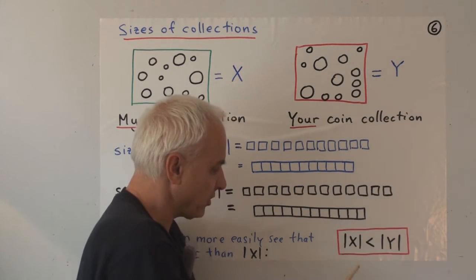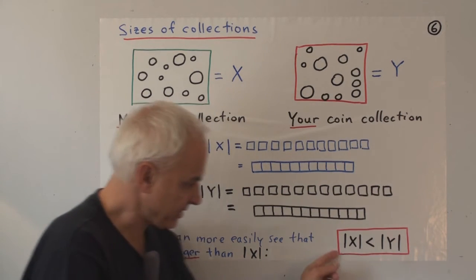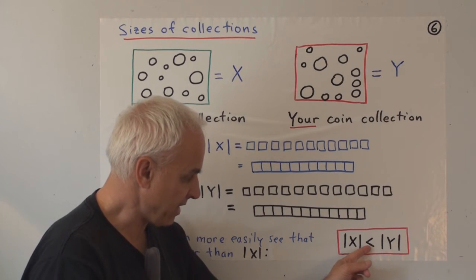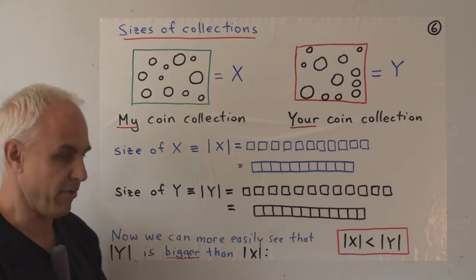The wide part of the symbol points to the bigger number. And we read this left to right. We say the size of X is less than the size of Y. That's reflected in these two numbers.